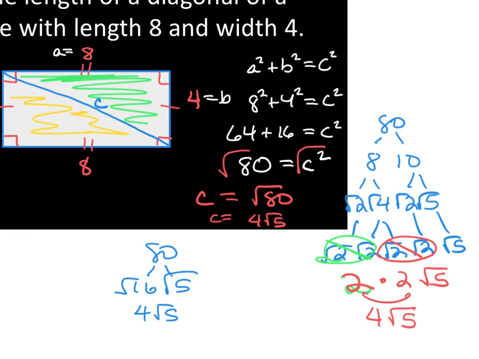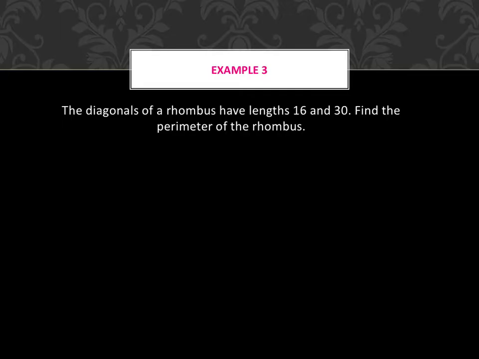Let's do another application with a rhombus this time. So again, let's draw a rhombus. I need to know the properties of a rhombus. I know a rhombus has 4 congruent sides.